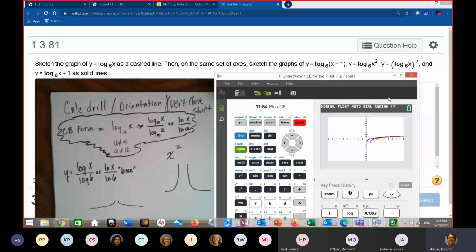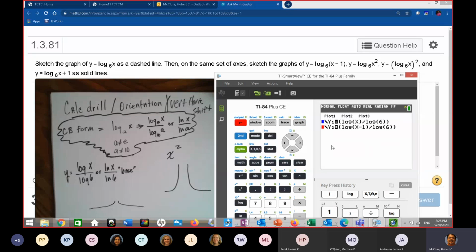So y is equal to log of x squared over the log of 6. Oh, shoot. Oh, I'm sorry. I don't know why. Let me hit delete. And let me put a parenthesis back in there. And I think that's okay. Yeah. Okay, let me go down.